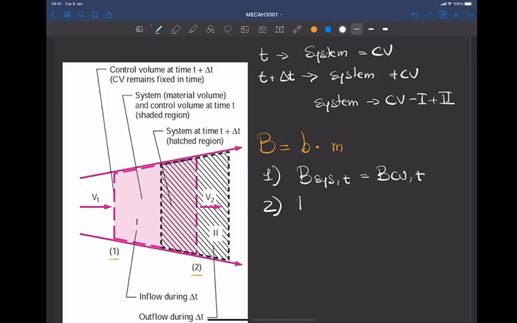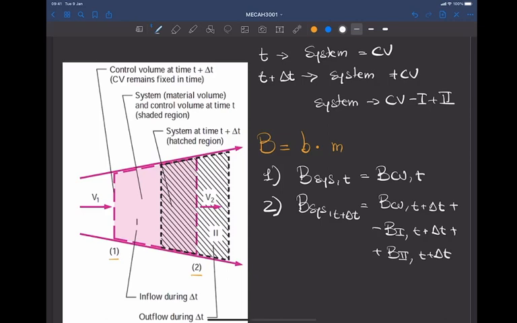So what we can say is that B of the system at time t plus delta t will be given by the B of the control volume at time t plus delta t, minus the B of region 1 at time t plus delta t, plus the B of region 2 at time t plus delta t.